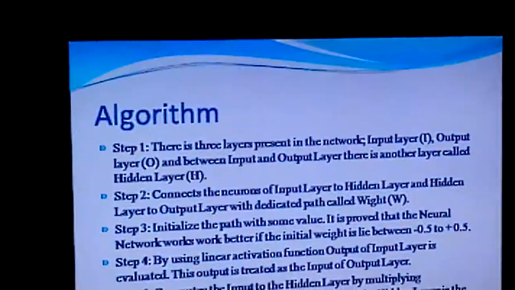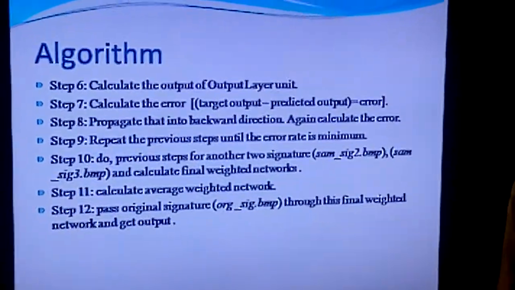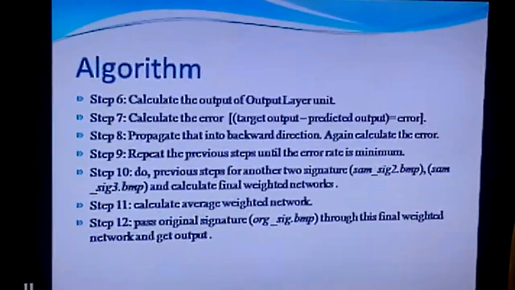When we have calculated the average weighted network, we put the original signature through this network and produce a predicted value. That means here we just use the forward propagation algorithm and pass the original signature's RGB value through this final average weighted network and produce a predicted value.